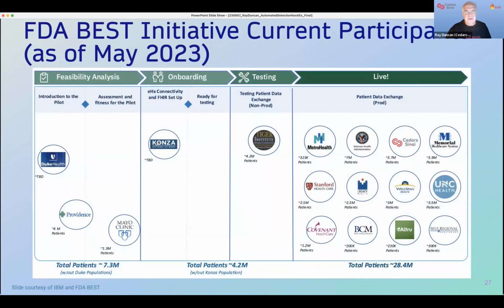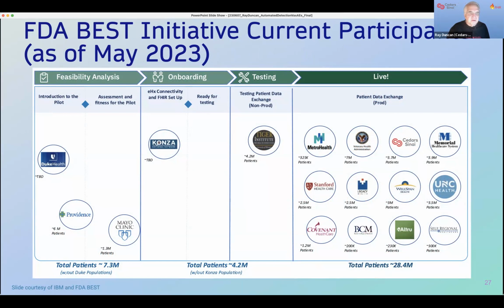Great. So the FDA Business Initiative has been quite successful so far. When we first went to production, we were the only organization in production. That was about a year ago. There's now about 12 organizations in production with a total of 28 million patients between them.